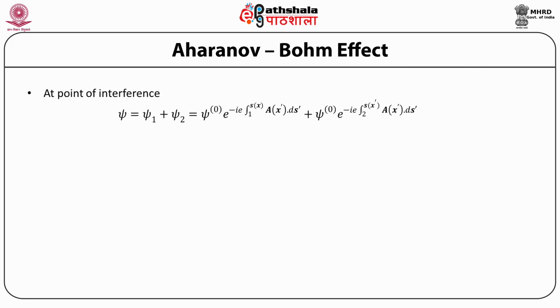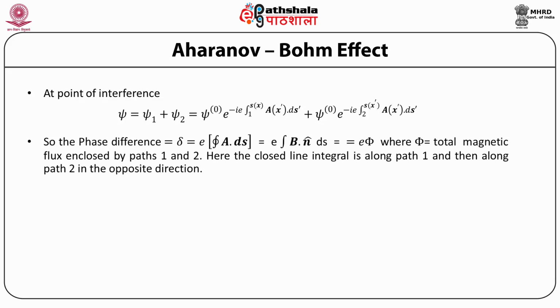At the point of interference, psi is given by psi 1 plus psi 2, which is psi 0 times exponential of minus i e line integral going from 1 to x, plus the same term with the line integral going from 2 to x. By 2 we mean the second path, by 1 we mean the first path. So the line integrals are along the first path and the second path.